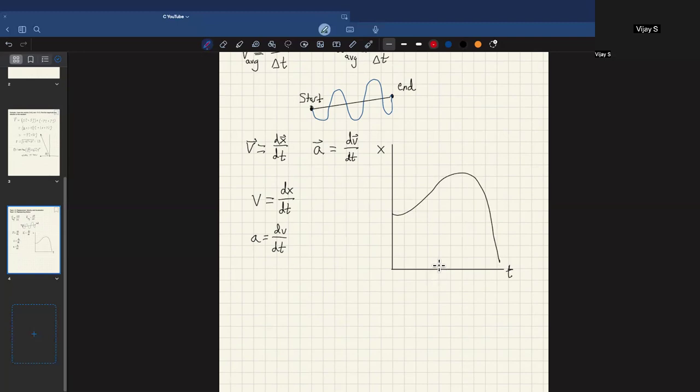If I wanted to calculate the velocity at this red time right here, we'll call that t0, how am I going to do that? I have to draw a line that intersects with that curve right at that point. And the slope of that red line that I drew is the velocity of the object at that given point.